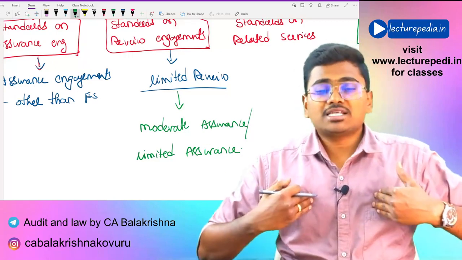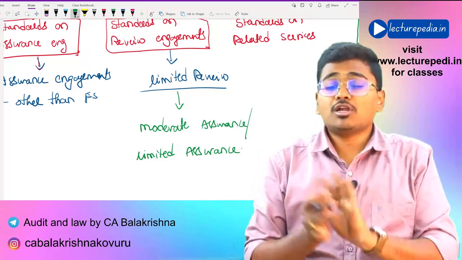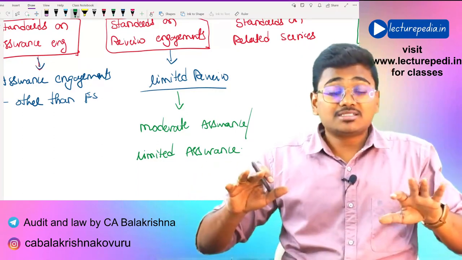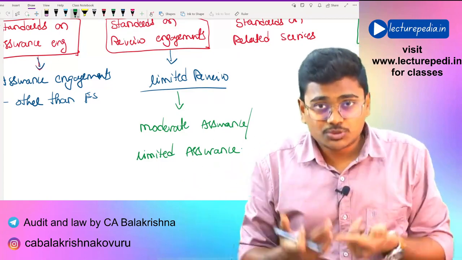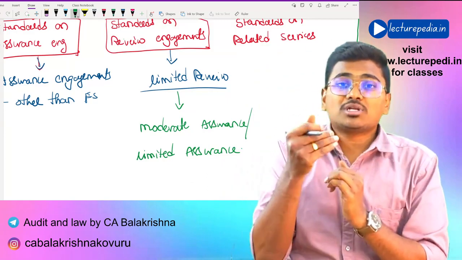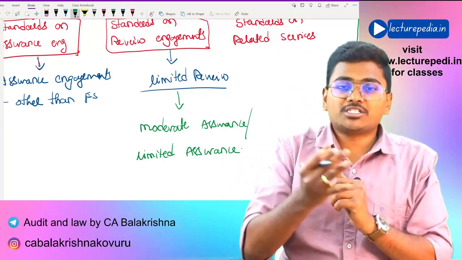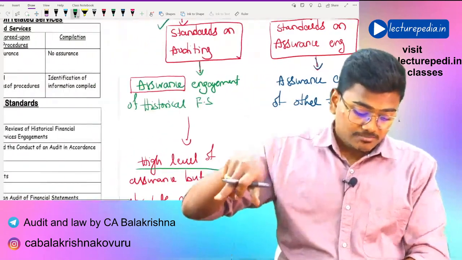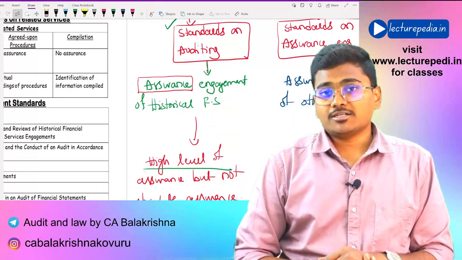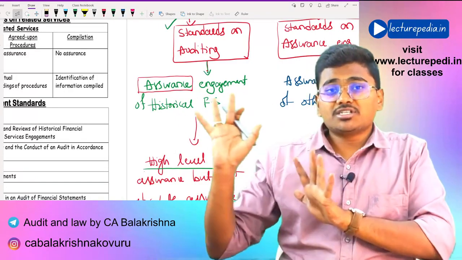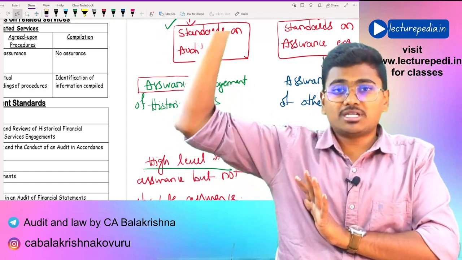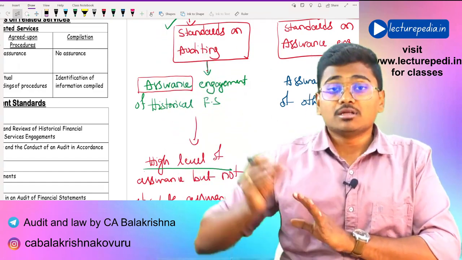He is limiting his assurance only to the items that he has verified. This is known as limited assurance or moderate assurance. Whereas in the case of a high level of assurance, the auditor's terminology will be like: the financial statements show a true and fair view, and the financial statements have been prepared as per the applicable financial reporting framework.